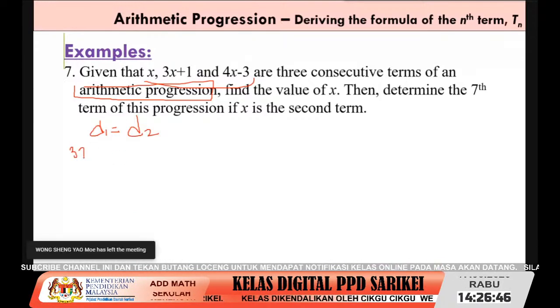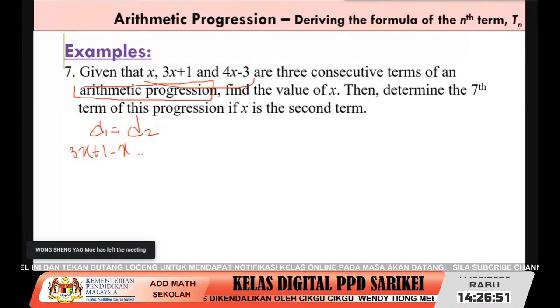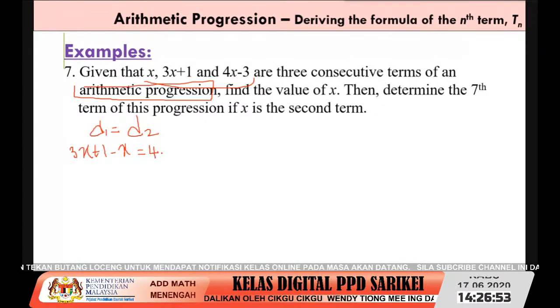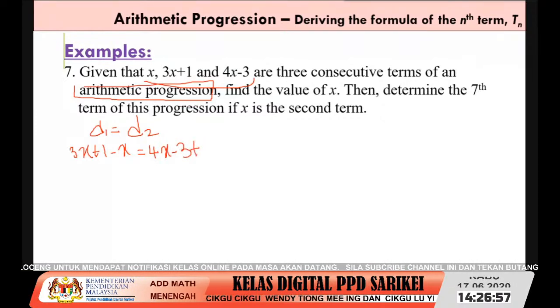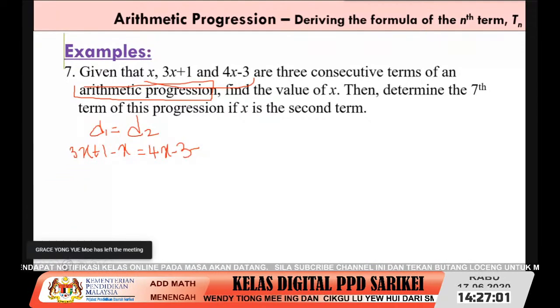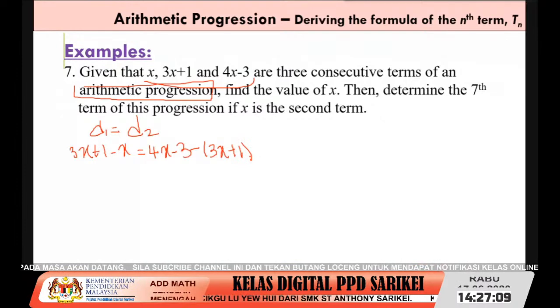I will use 3x plus 1 minus x, minus the previous term. And then 4x minus 3, no, not plus, it's minus 3x plus 1. So this one you can try by yourself.